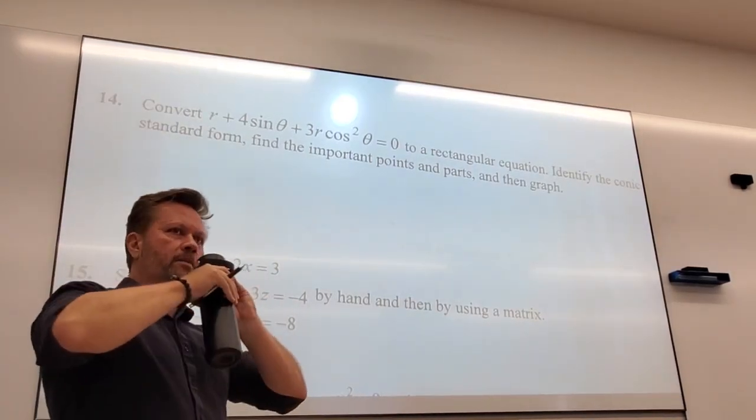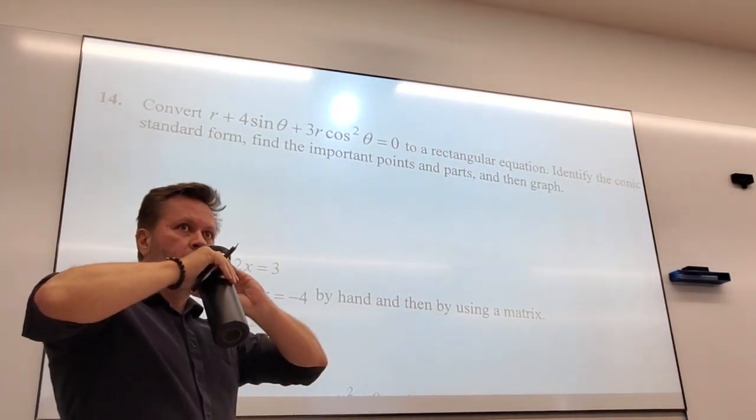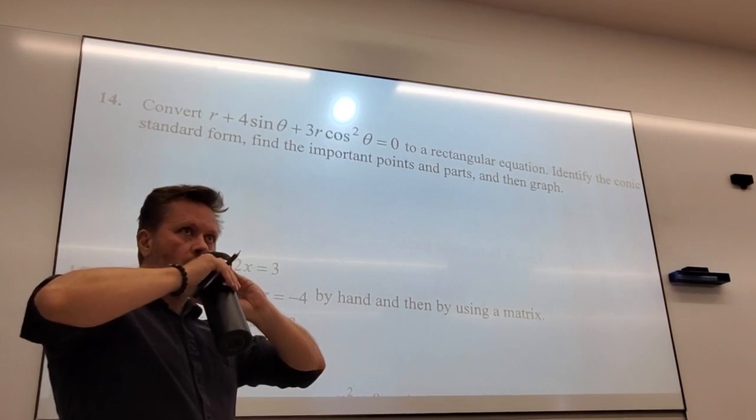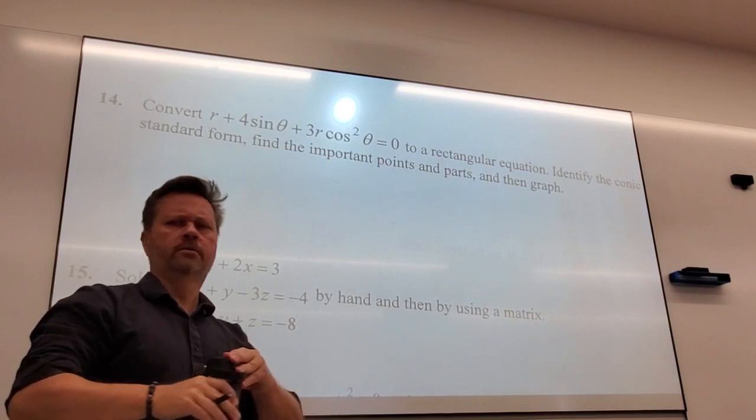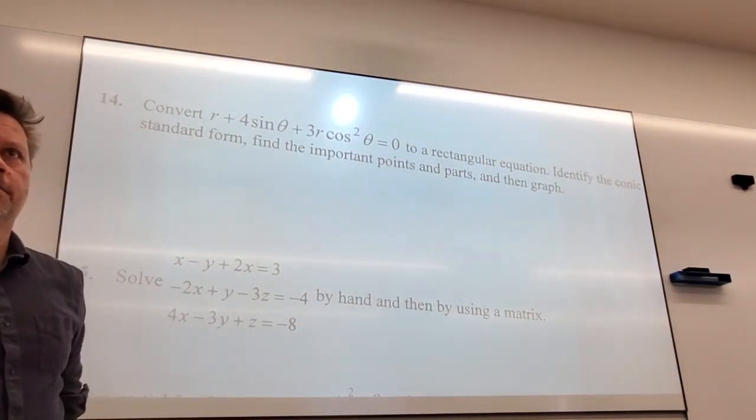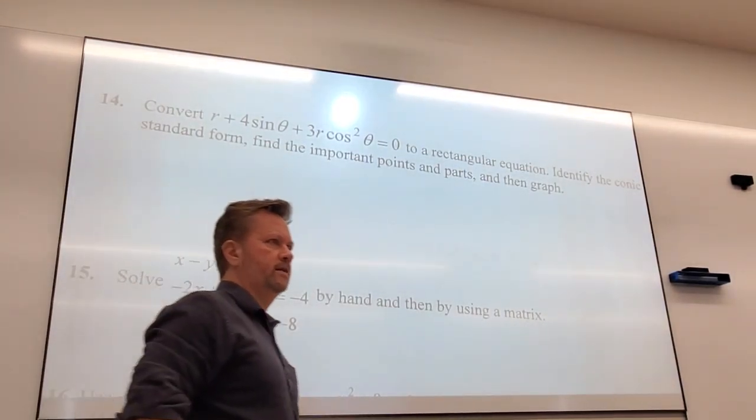Several awesome things are going to happen on the way. So 0 times r, 0 times anything is 0. That's awesome, it just stays 0.